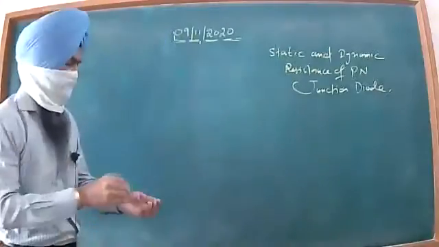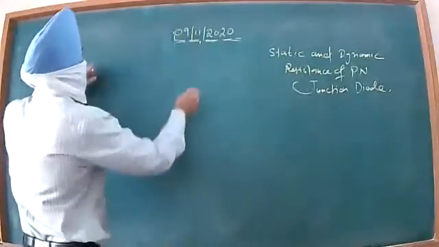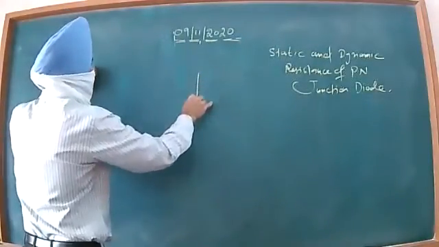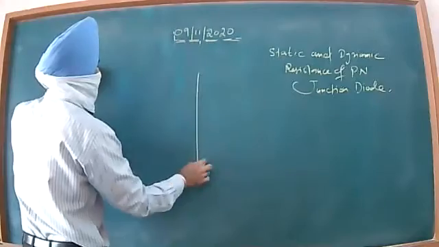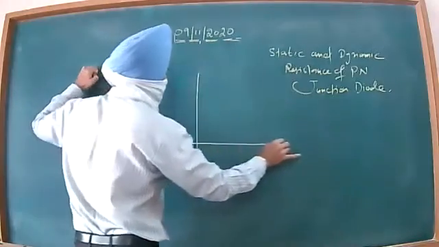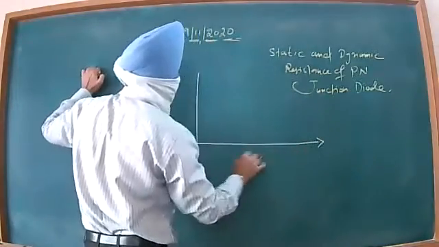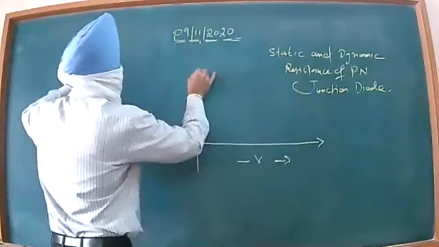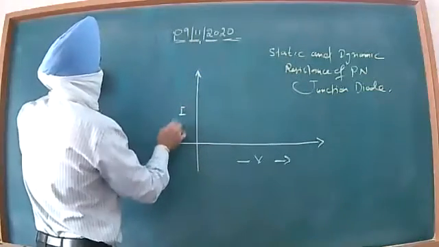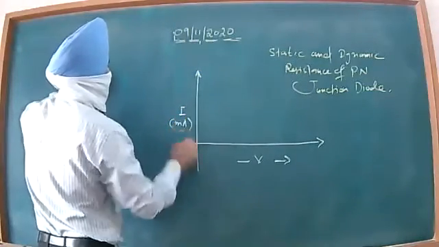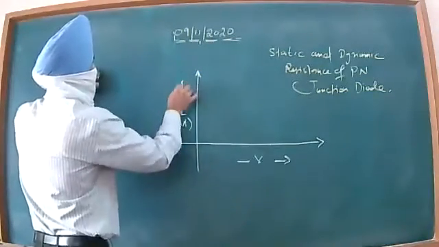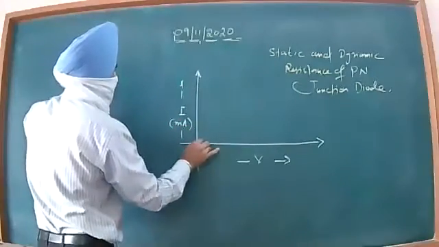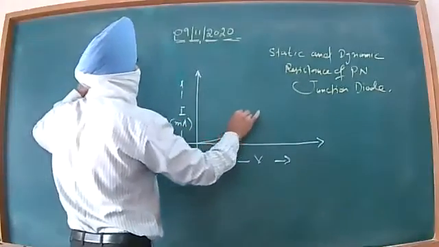Now, regarding the PN junction diode, we already have discussed it in detail. The question basically was of this type. Here, voltage was given to you, and on this axis, current in milliamperes was given, and the graph was probably of this type.